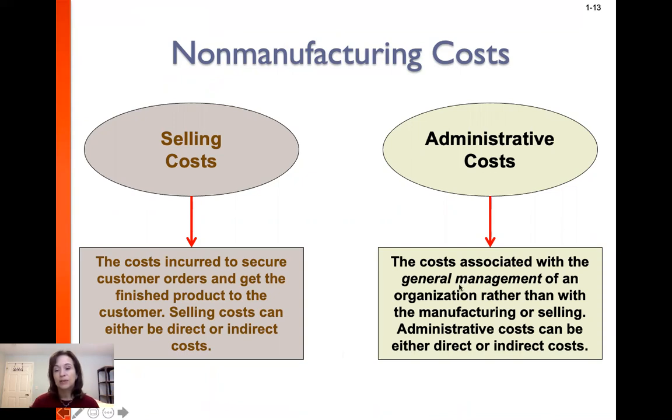And then administrative costs would be all of your other overhead costs that aren't part of production. So your HR people, your accounting people, your CEO, your CFO, salaries, equipment, office space, depreciation on their equipment, all of that would fall under administrative costs.